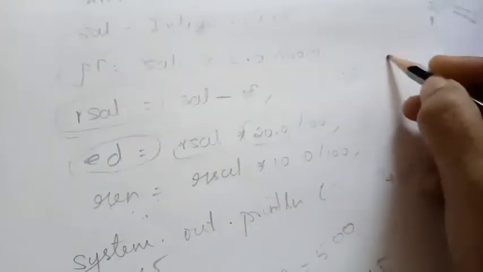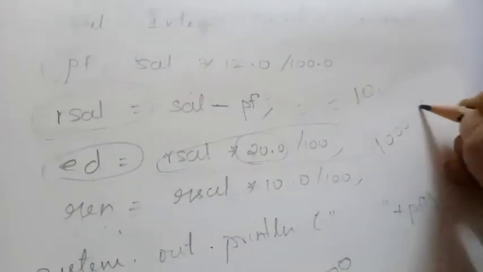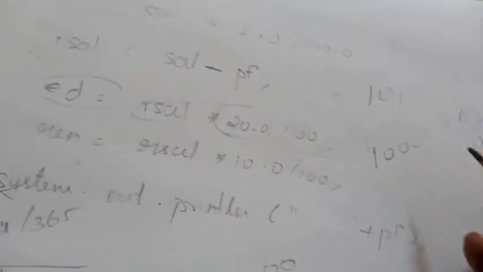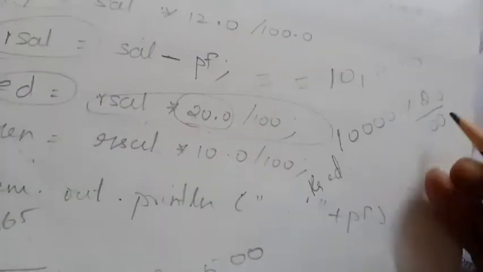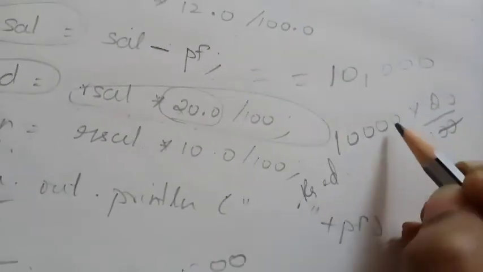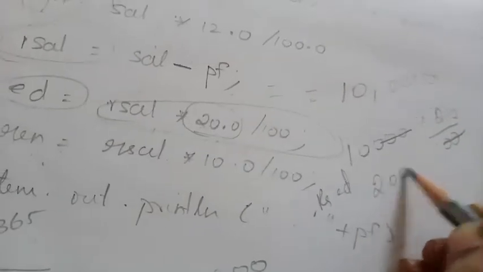For example, suppose the remaining salary he is having is 10,000 rupees. Then 10,000 into 20 by 100 gives you the rupees used for education, which is 2,000 rupees.